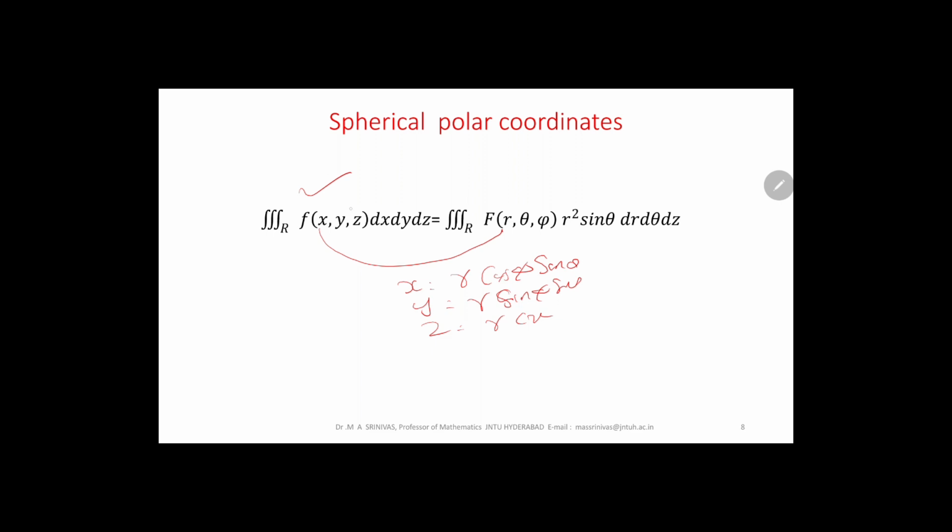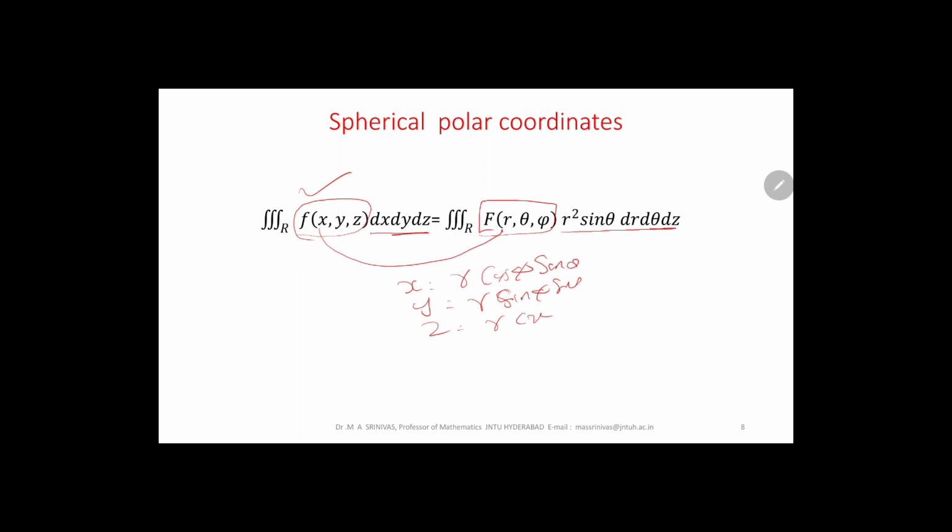If you simplify, ultimately this function will reduce to some function of r theta phi. So xyz goes out and we get r theta phi. dx dy dz is equal to r square sin theta dr d theta d phi.